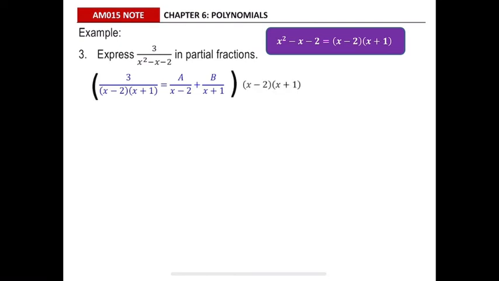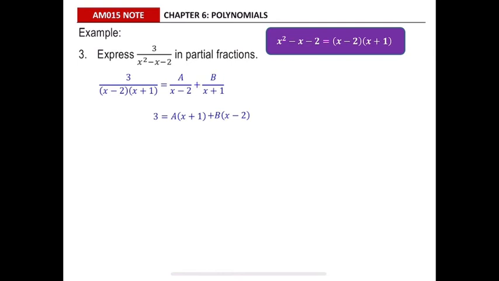Then multiply (x minus 2)(x plus 1) with every fraction in the equation. The left side will be equal to 3. The second fraction leaves A multiplied by (x plus 1). And the last one leaves B multiplied by (x minus 2).